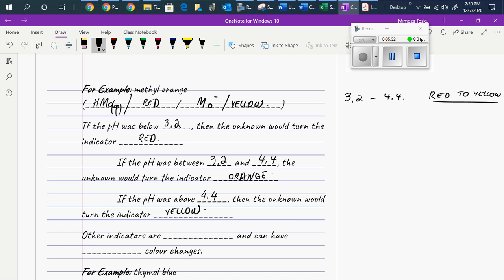But there are other indicators that have more than one hydrogen. The first ones are called monoprotic indicators.